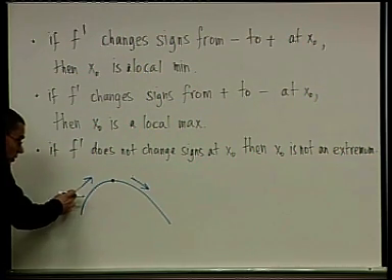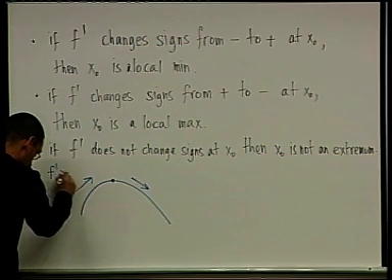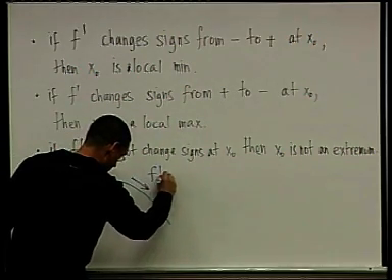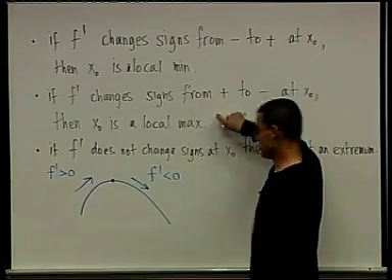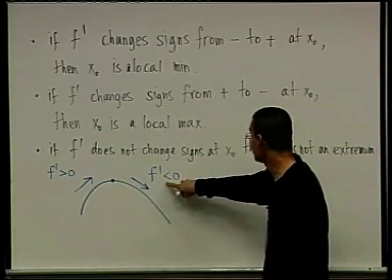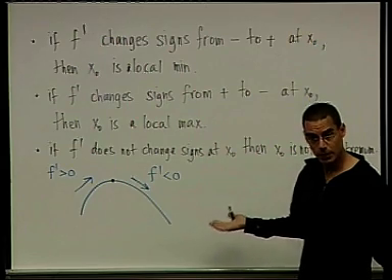On its left, the derivative is going to be positive. That's the theorem we ended with last time. And on its right, the derivative is going to be negative. So that's this statement. If f prime changes signs from plus to minus at x0, then x0 is a local maximum. Clear?